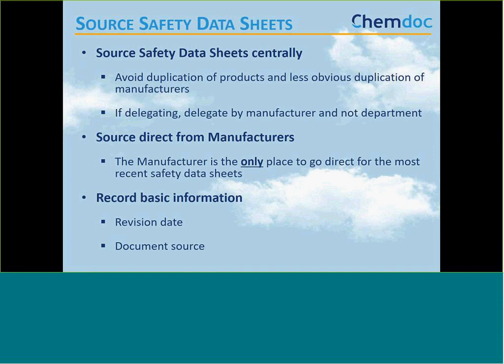So when you source your safe data sheets, I would say you just record some basic information about them as well. Maybe in that same Excel file where you've listed out your products by department, just record at the very least the date of the safe data sheet you sourced, and how you sourced it. Most of the work in getting safe data sheets is in finding out where to go for it. Maybe a particular page on a website, or a particular person that you have to email, or maybe you had to create a login to an account with a username and password.